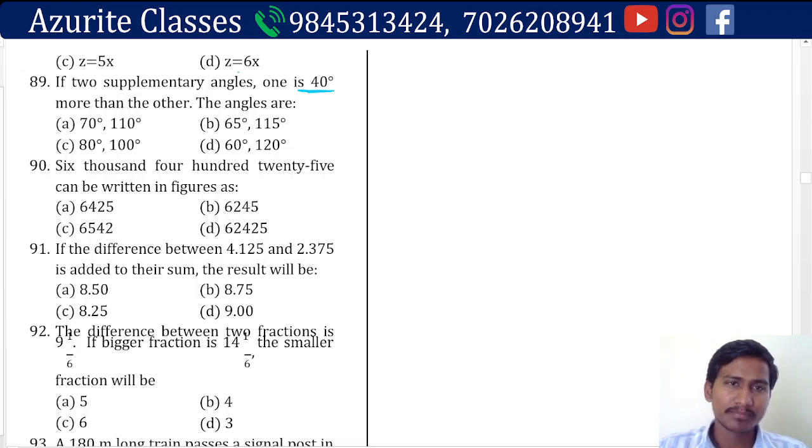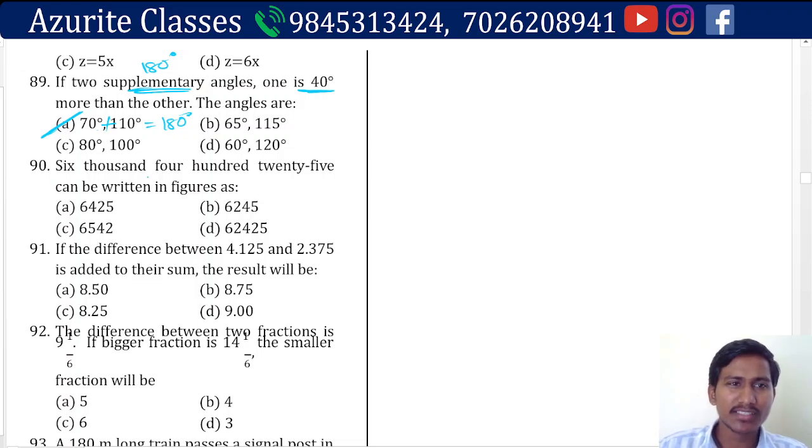The angles are, go with options. Supplementary means 180 degrees, right? So the difference should be 40 degrees. 70 plus 110 is 180 degrees if you add, and the difference if you take is 40 degrees. Yes, so that is the answer.